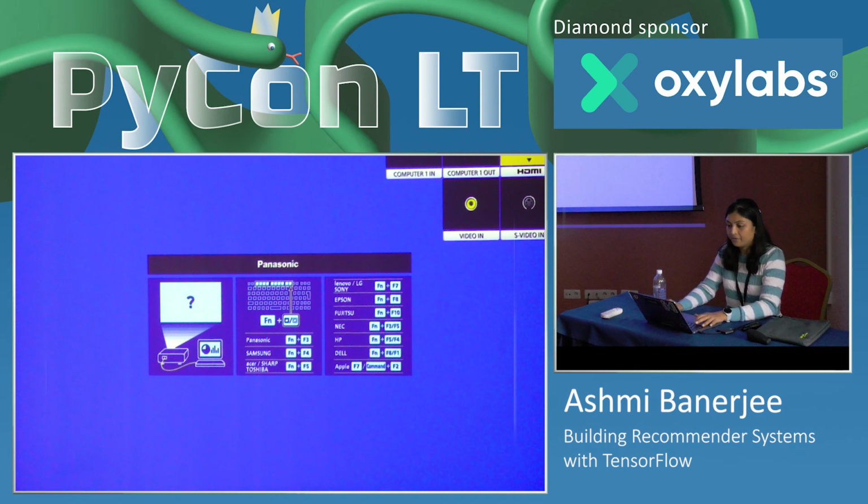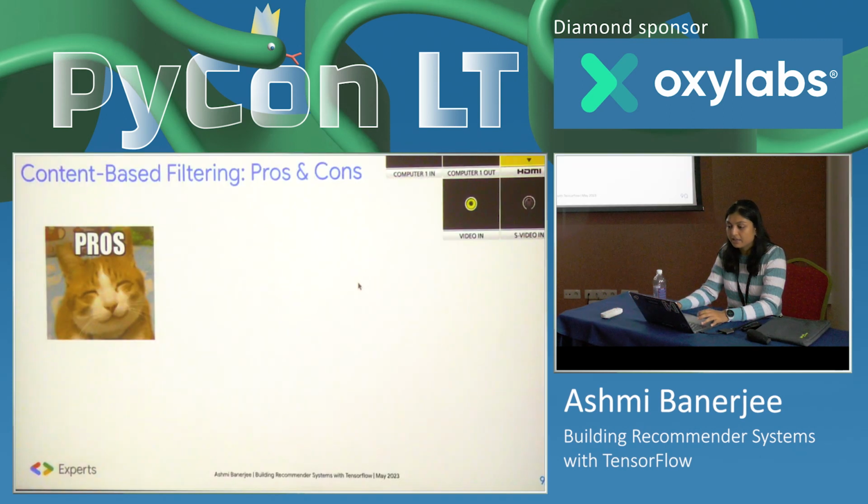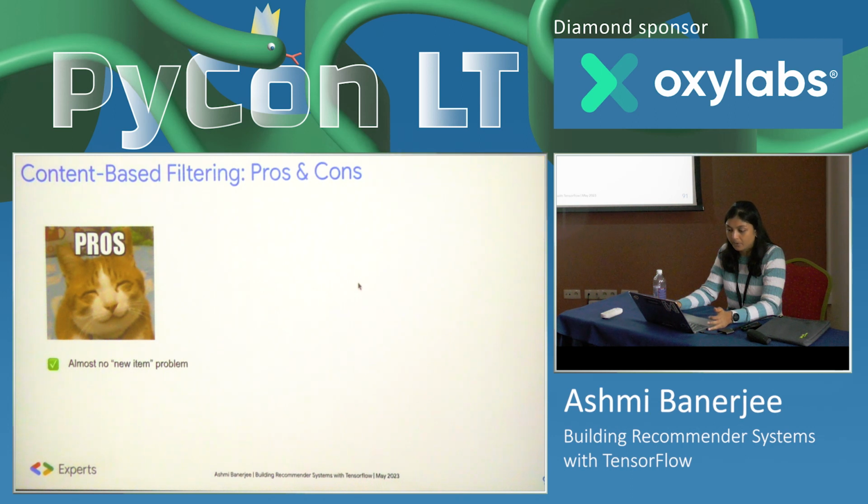So I wanted to discuss a little bit about the pros and cons of content-based filtering. When it comes to the pros, there's no new item problem, it is very well scalable, and often no explicit user profile is needed.